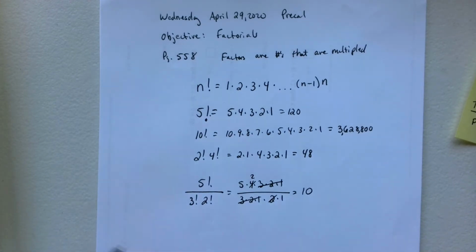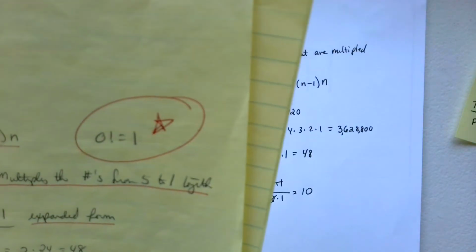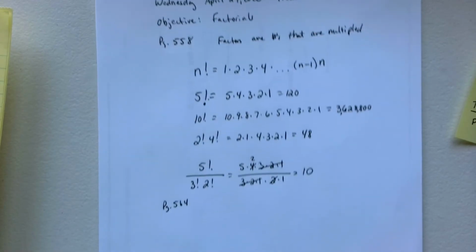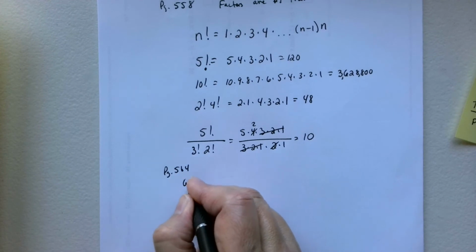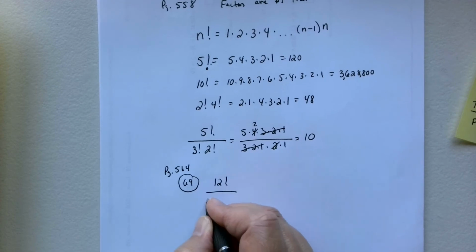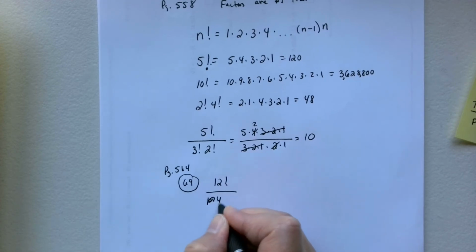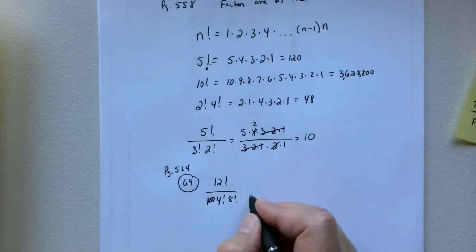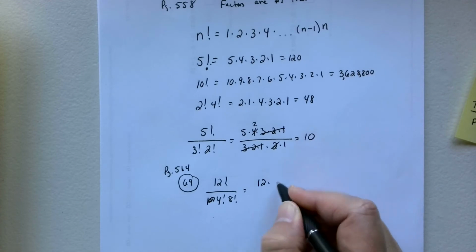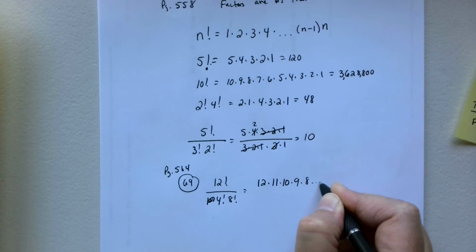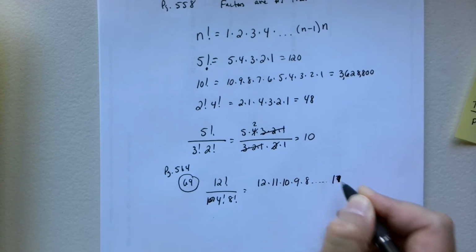All right. Let's turn to page 564. If you look at number 69, you will see 12 factorial over 4 factorial times 8 factorial. And so again, we can write that out: 12, 11, 10, 9, 8, and so forth, till you get down to 1.